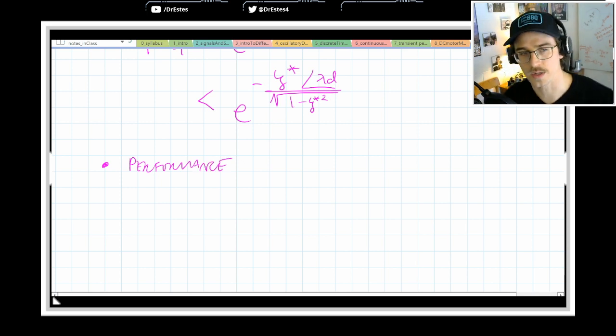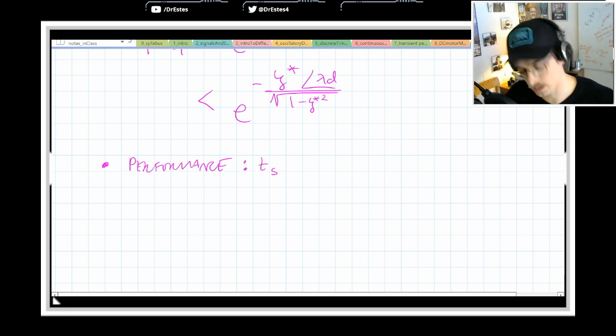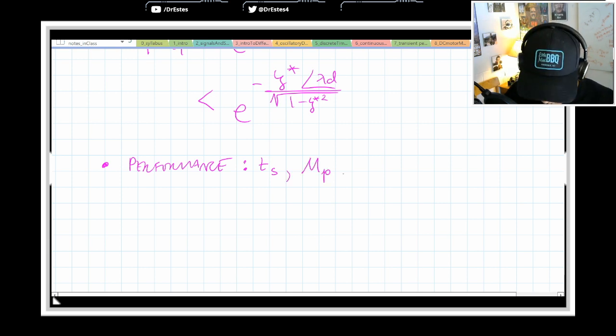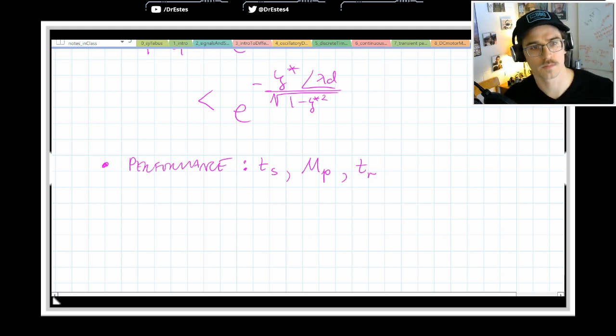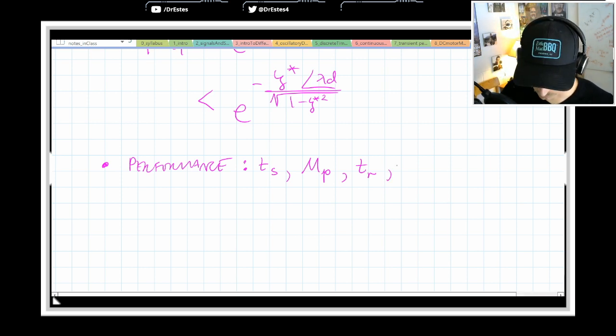The ones that we've been looking at are primarily settling time, overshoot, rise time. You can also do peak time as well.